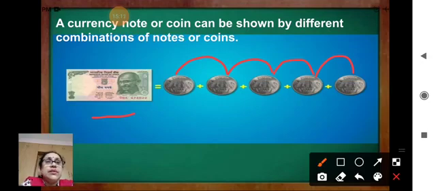Okay, you can make combinations of notes or coins. Understood? If you are not having 5 rupees note and if you are having 5 1 rupees coins, it can also make rupees 5.